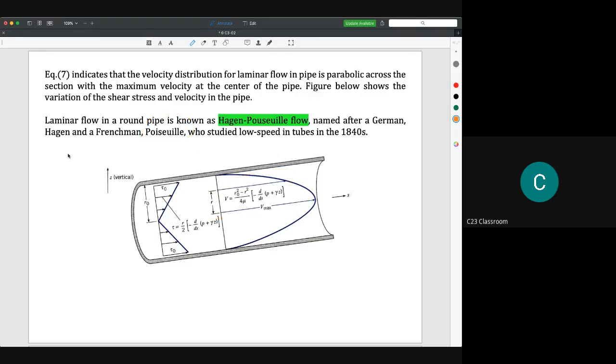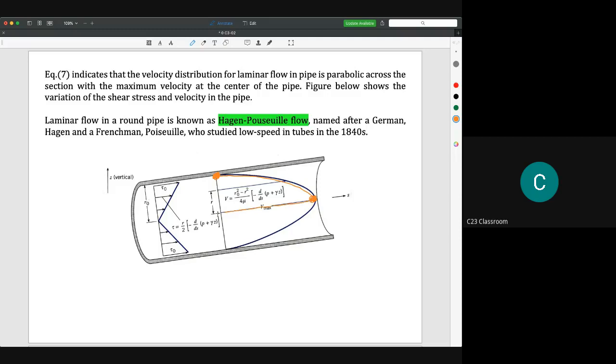You will find that at r equal to the maximum value, r naught, the velocity is 0 because of the no slip condition, and then the velocity becomes maximum at the center line, at the middle of the pipe.